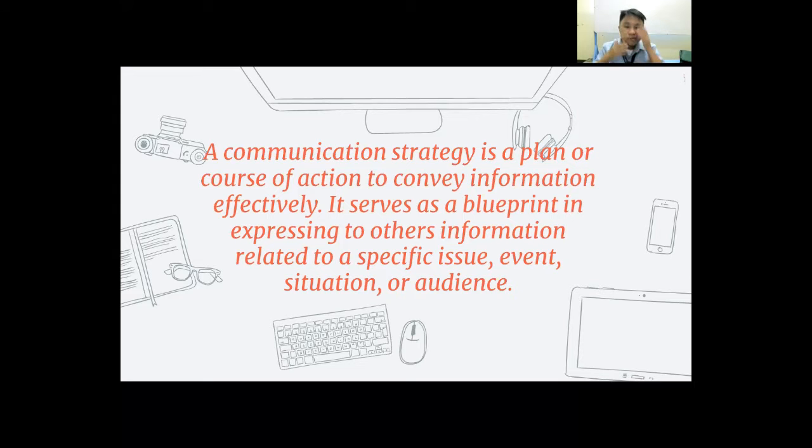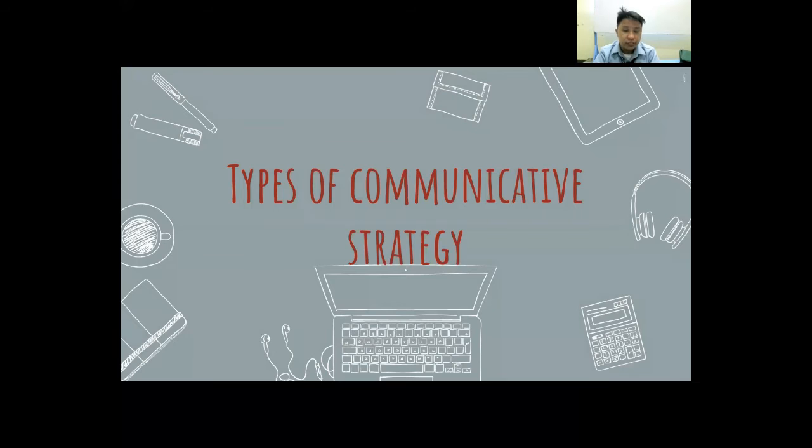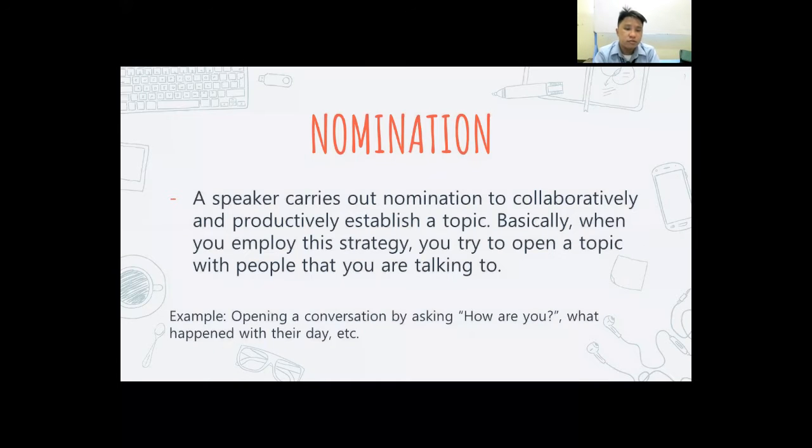Okay, so let's begin with the first strategy, which is what we call nomination. So nomination here is where a speaker carries out nomination to collaboratively and productively establish a topic. So basically, when you employ this strategy, you try to open a topic with people that you are talking to.